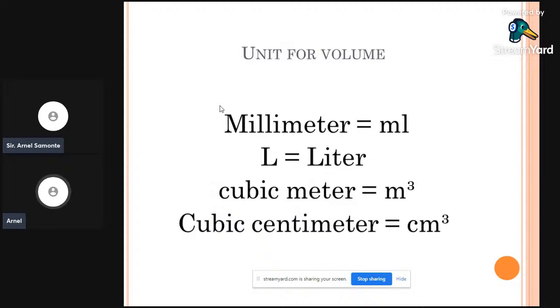So for the units for volume, we have milliliter, which is equal to mL. Liters is equal to L. Cubic meter is equivalent to m raised to 3. Cubic centimeter is equivalent to cm raised to 3. Always remember natin yung mga unit kasi magagamit natin siya for our solving.